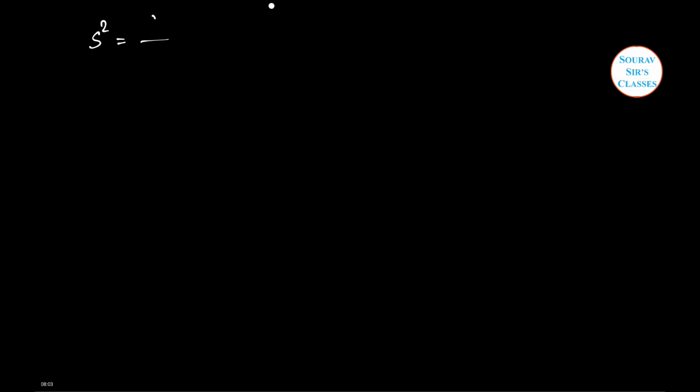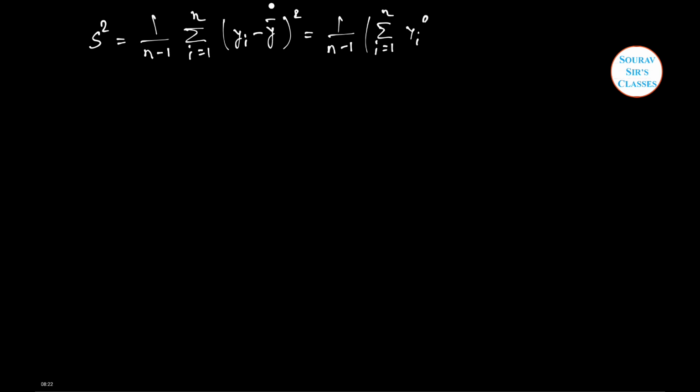S square equals 1 by N minus 1 summation i equals 1 to N (Yi minus Y bar) whole square, okay.